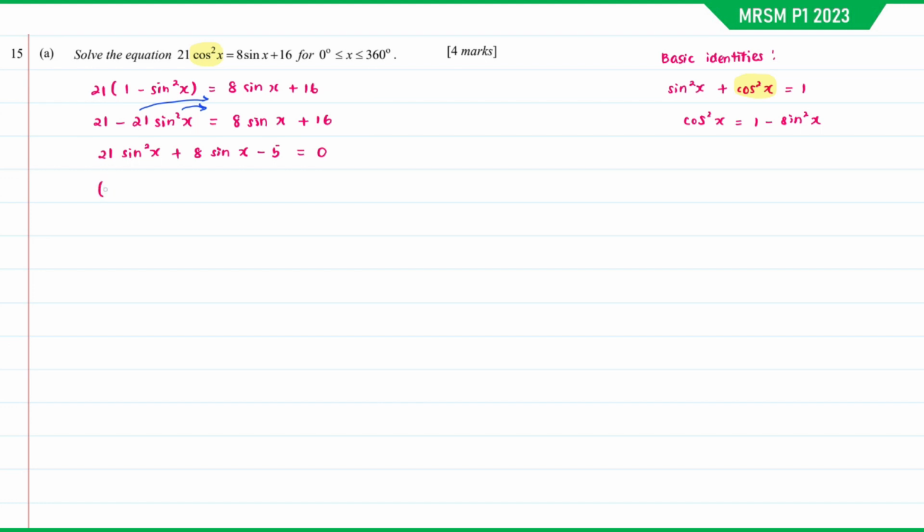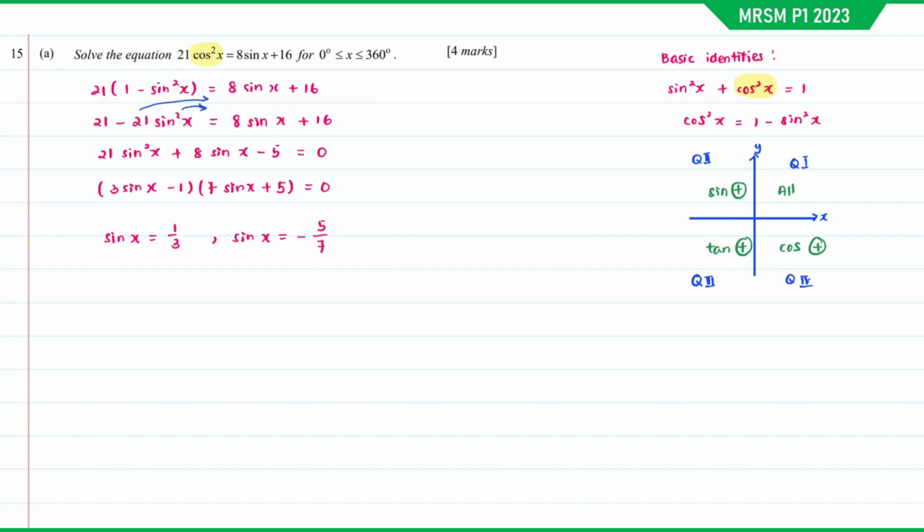Factorize this, and you get (3 sin x minus 1)(7 sin x plus 5) equal to 0. Therefore, sin x is equal to 1 over 3, or sin x is equal to negative 5 over 7.